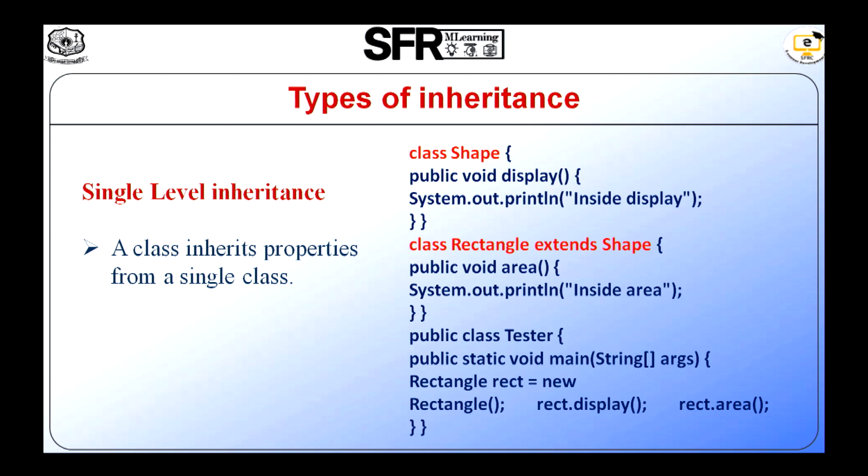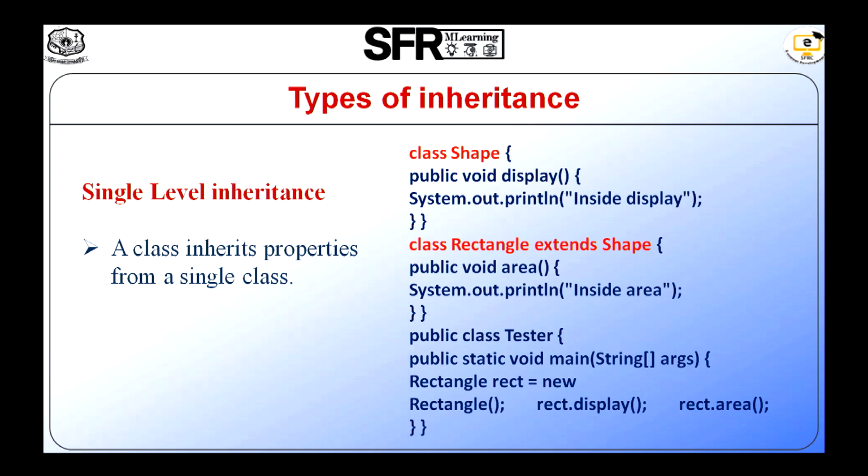The first thing is single level inheritance. A class that inherits the properties from a single class. For example, class A and class B. Class B inherits the properties from class A. Here we'll see the example: class Shape is the superclass, and class Rectangle is the subclass.